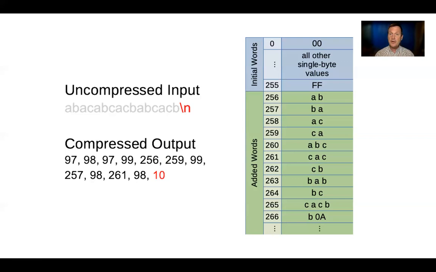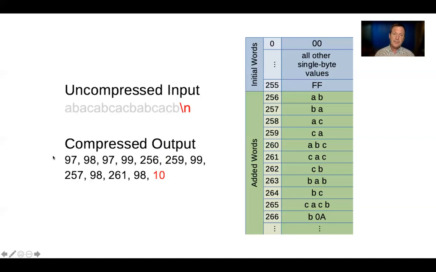I think the pseudocode in the write-up handles that kind of thing. I guess I would also say once the dictionary is full, you'll still be writing out codes, but you won't be able to add any new stuff to the dictionary. So if you think of these green words as stuff that the compressor learned as it was writing out the compressed file, once you fill up the dictionary, you can't learn any new words.